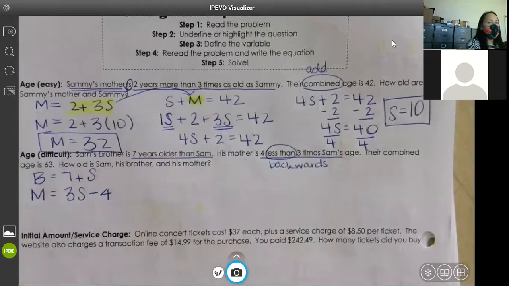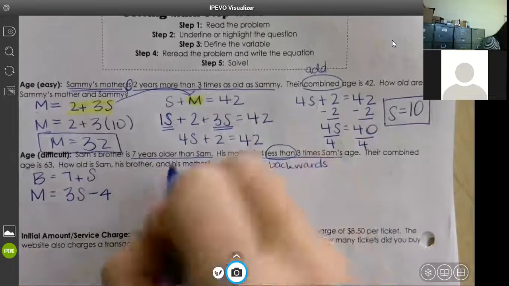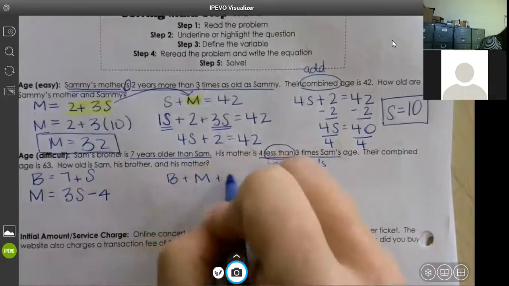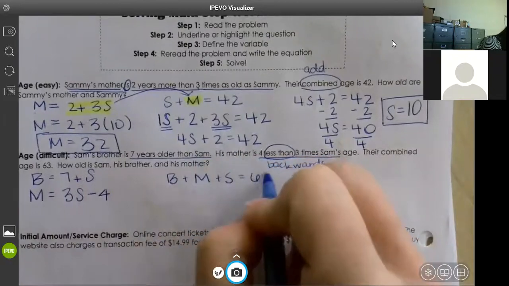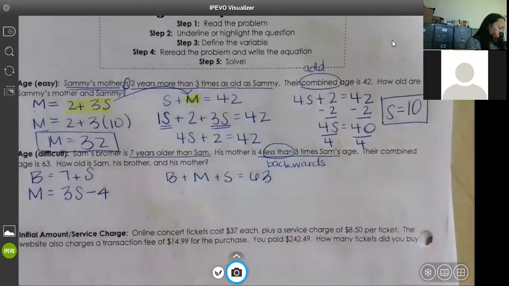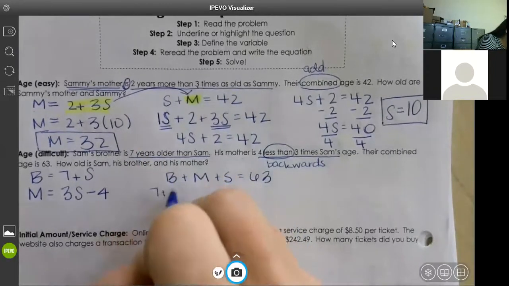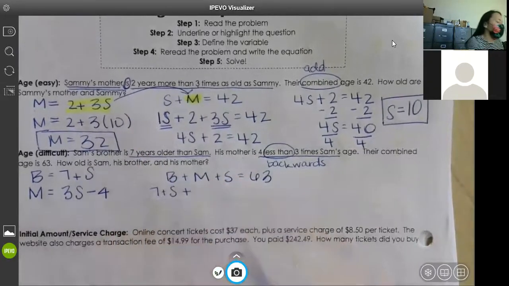It says their combined age. What does combined mean? Add. So brother plus mother plus Sam is 63. What was brother? 7 plus S. So we're going to put a plus.